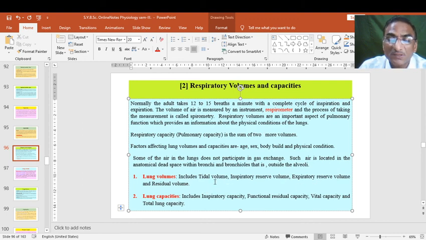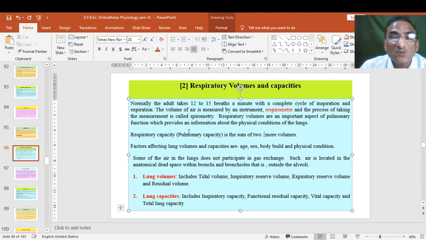Then lung capacities, which are distinct from lung volumes. They include inspiratory capacity, functional residual capacity, vital capacity, and total lung capacity. So this is about respiratory volumes and capacities.